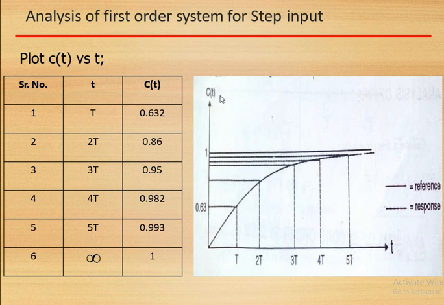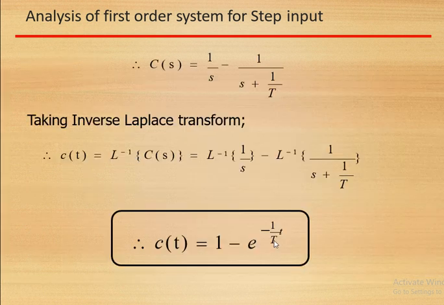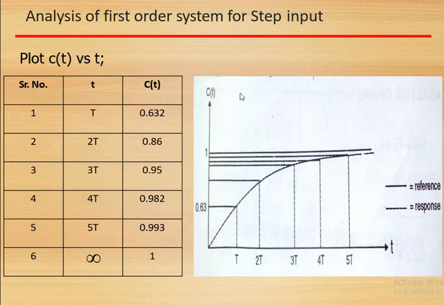Now we have to see this c(t) with respect to t by putting in the value of capital T. We have to see the output of the system in the time domain with respect to small t by putting in values of capital T. That will give you the analysis of a first order system for a step input.